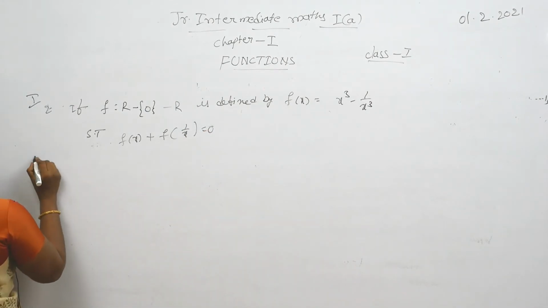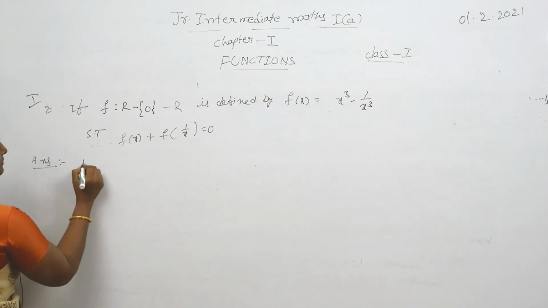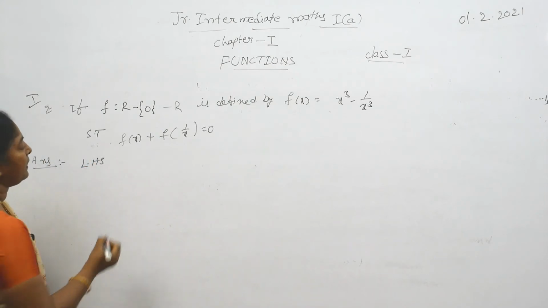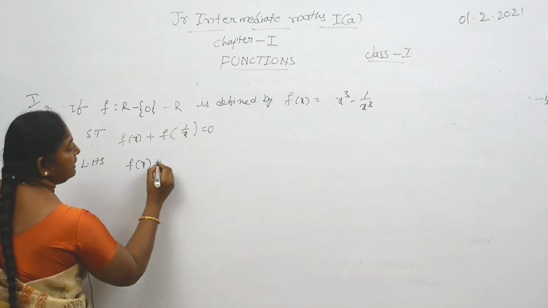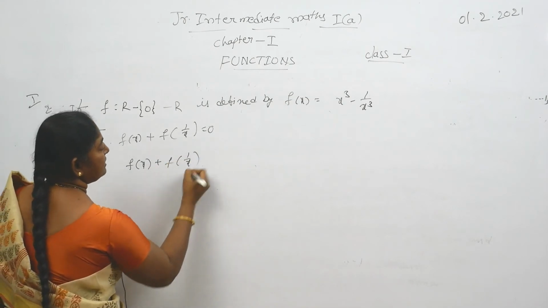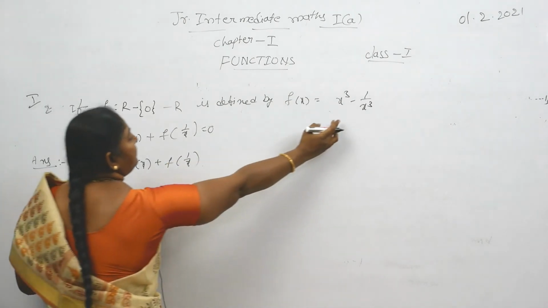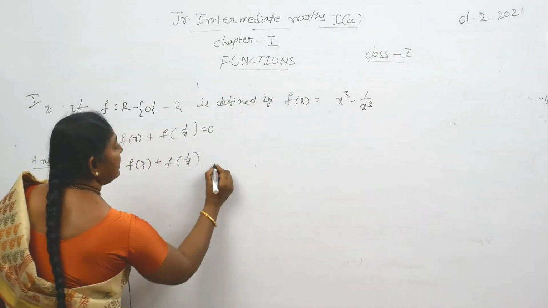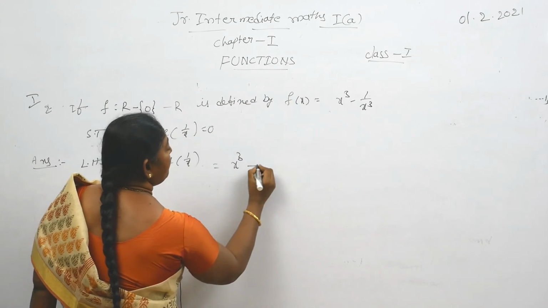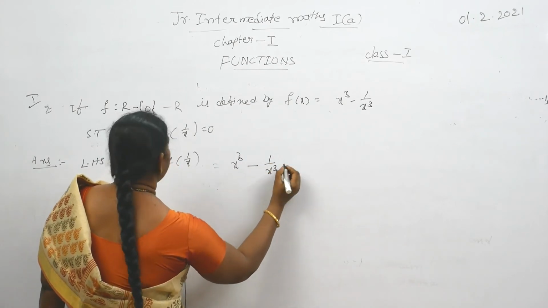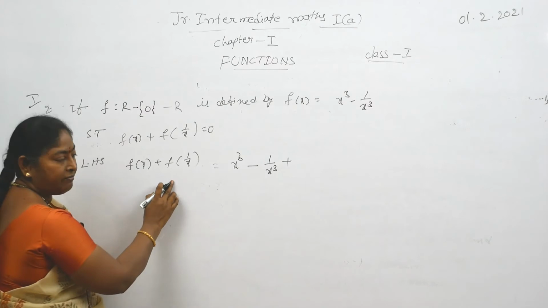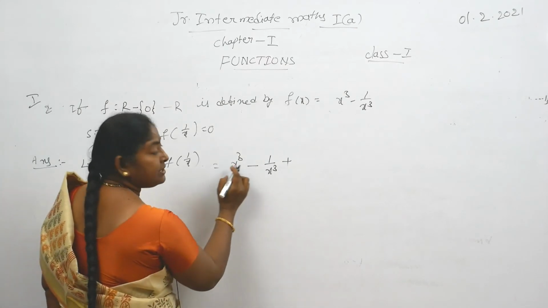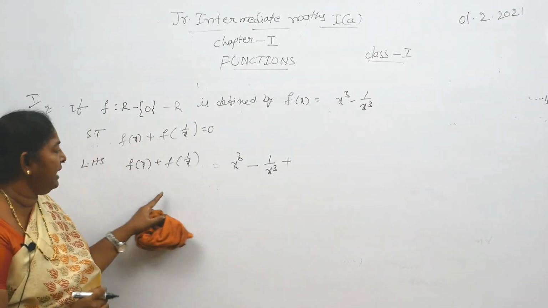First take the answer LHS: f of x plus f of 1 by x. See here, f of x equal to the given x cube minus 1 by x cube, that equal to x cube minus 1 by x cube plus f of 1 by x. In place of x we have to substitute 1 by x.